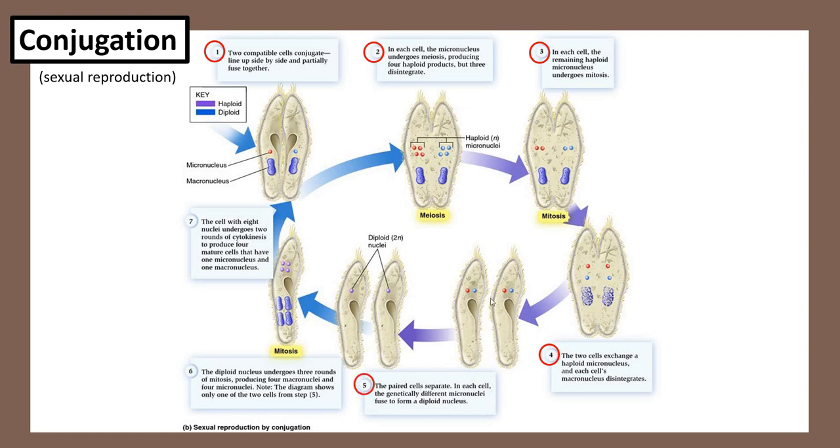They have these different combinations now of DNA in their micronuclei. And what ends up happening is they join together and create a new combination of DNA. So that's the genetic information.